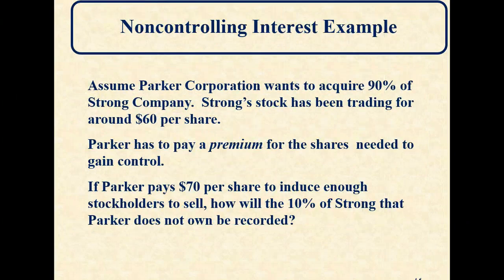When we deal with an acquisition where it's not 100% ownership and we need to consolidate these financial statements, we're going to look at an example. In this example, Parker wants to buy 90% of Strong. Strong stock is trading for $60 a share. We know that's going to be the fair value of the company.